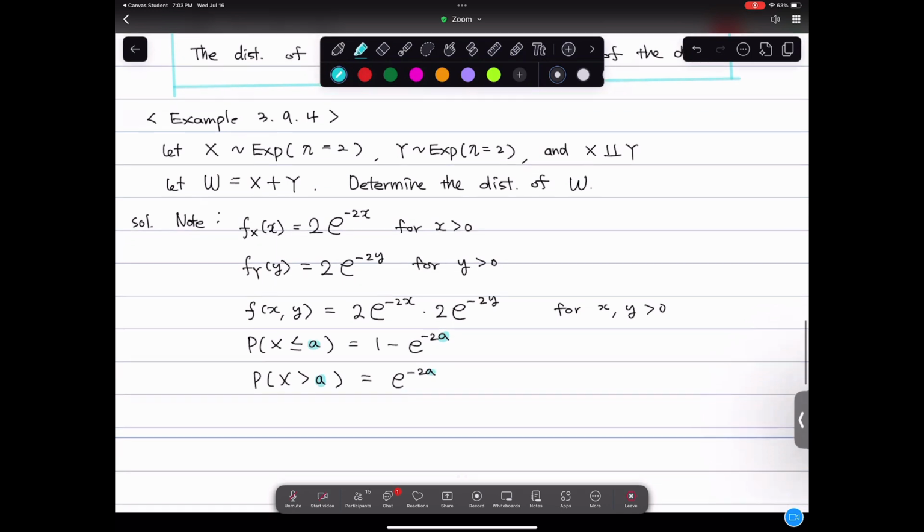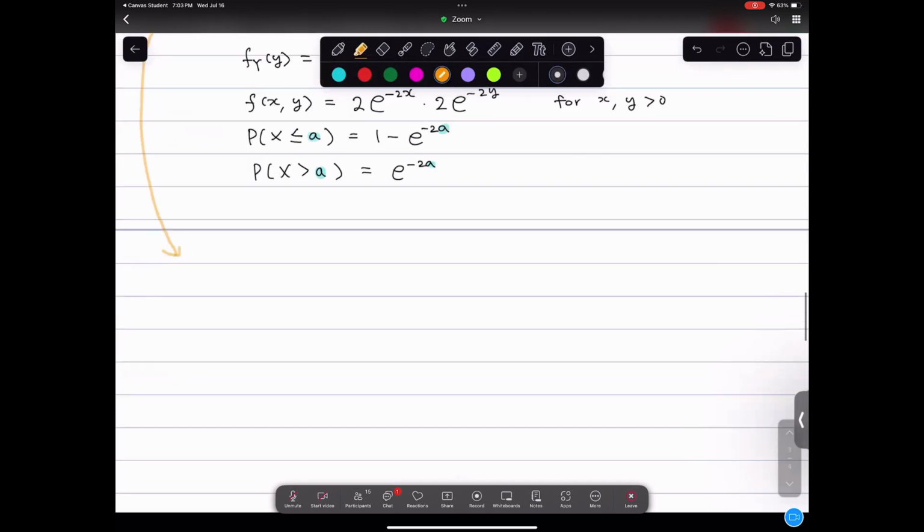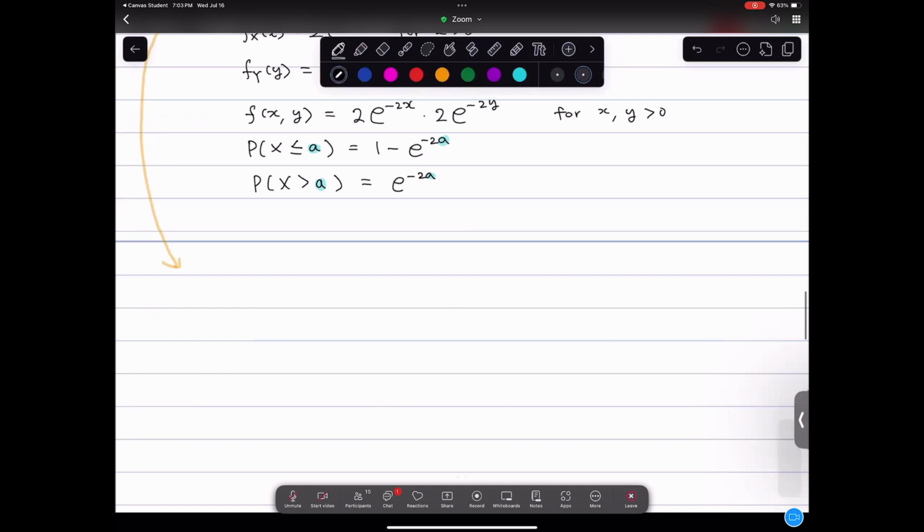So let's start from the CDF of W. Big F of W is, by definition, the probability that the random variable W is less than or equal to some number w, which is the probability that the sum of the two random variables is less than or equal to w.